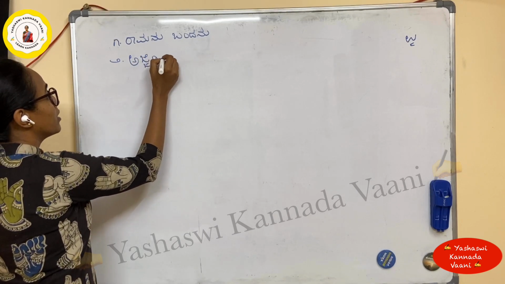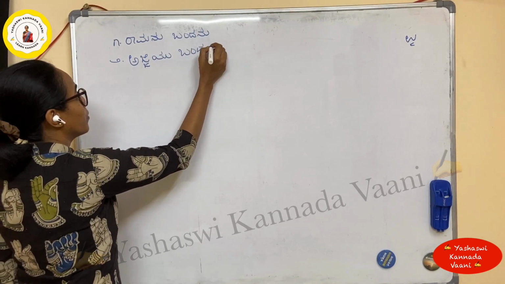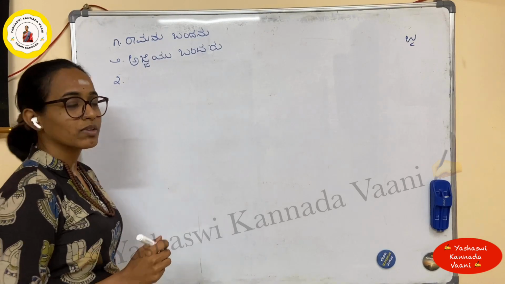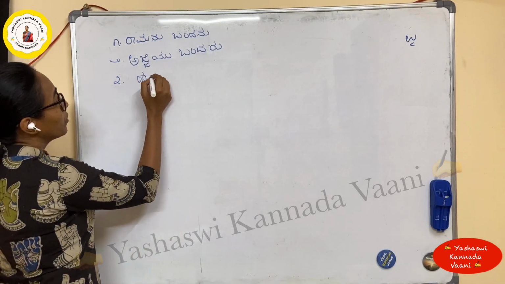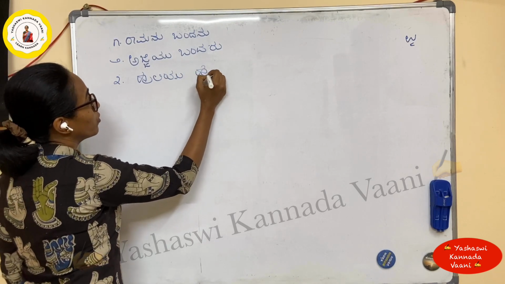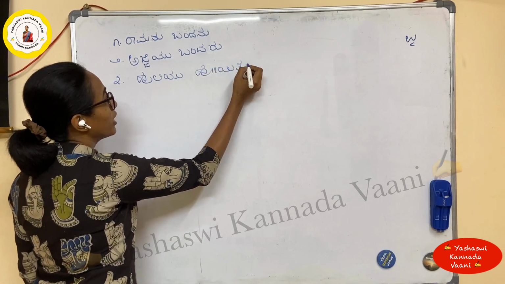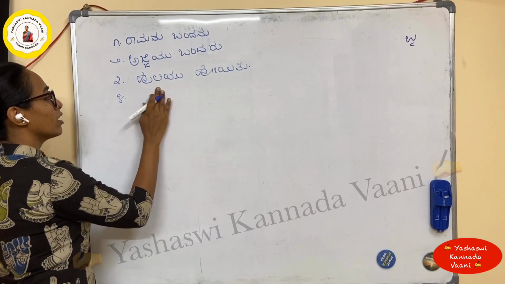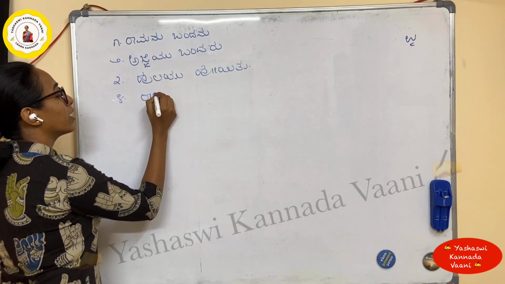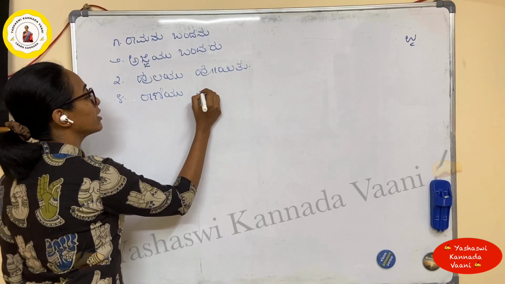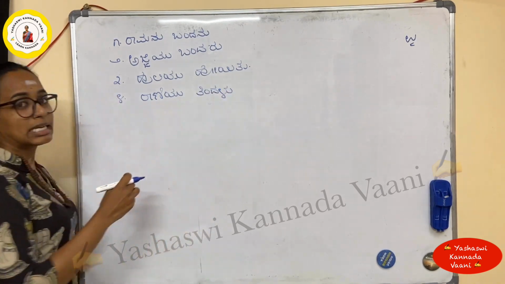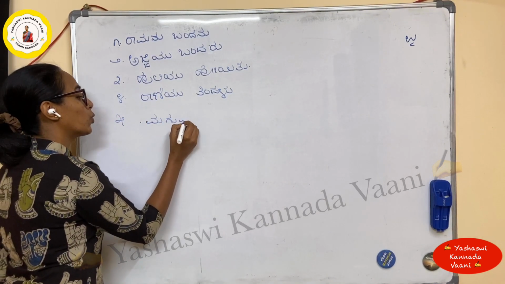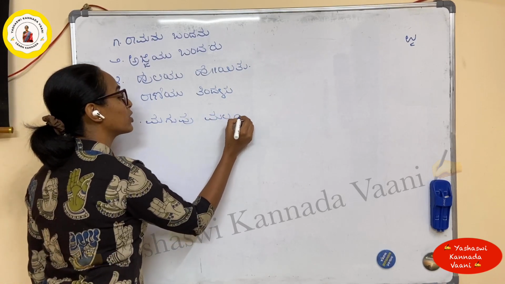ಅಜ್ಜಿಯು ಬಂದರು. ಅಜ್ಜಿಯು ಬಂದರು. ಅಜ್ಜಿ ಕೇಮ್. ಗ್ರ್ಯಾಂಡ್ಮದರ್ ಕೇಮ್. ಹುಲಿಯು ಹೋಯಿತು. ಟೈಗರ್ ಲೆಫ್ಟ್. ಹುಲಿಯು ಹೋಯಿತು. ರಾಣಿಯು ತಿಂದಳು. ರಾಣಿಯು ತಿಂದಳು. ಮಗುವು ಮಲಗಿತು. ಮಗುವು ಮಲಗಿತು.